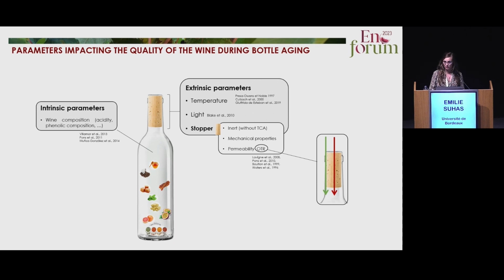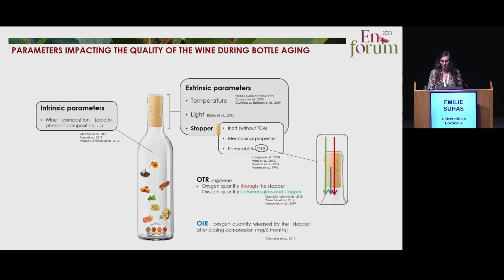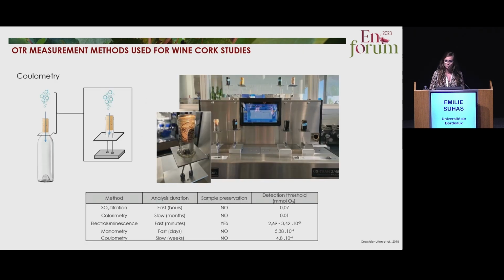If you've just walked in this room, the OTR is the amount of oxygen that can get across the stopper, that can seep through the stopper, but also the oxygen that can seep at the interface between the glass and the stopper, and it is important to differentiate this also based on the OIR, the initial oxygen release, which is associated with the compression of the stopper in the first 6 months of storage.